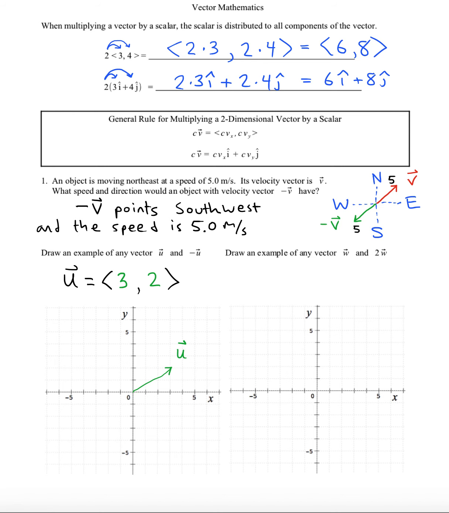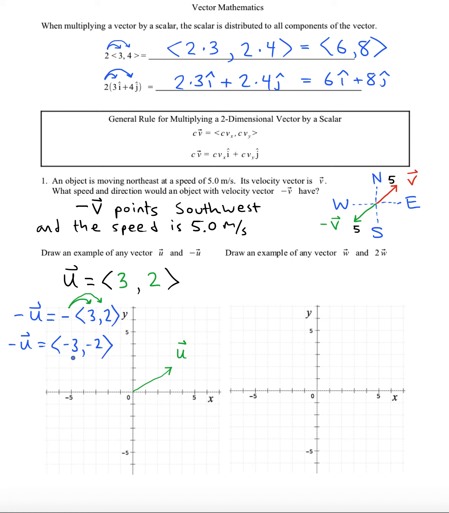Now what does negative u look like? Well, negative u would require multiplying a negative times the original components of u. Just like we did above, the negative will get distributed. So negative u will be negative 3, negative 2.